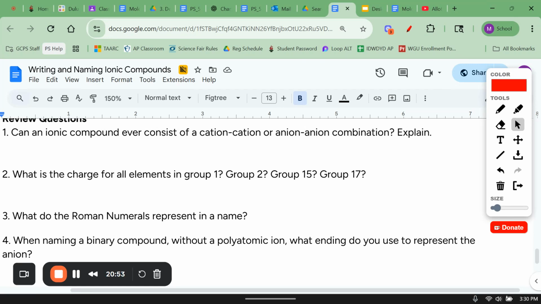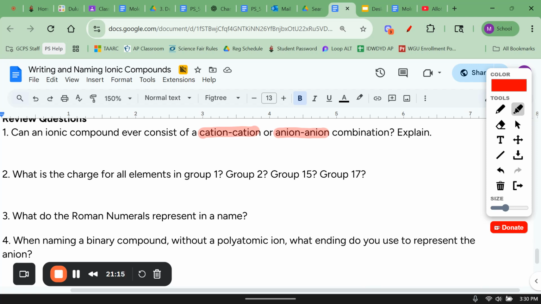So the answer is no. They cannot exist in that combination. Ionic compounds must be a cation-anion combination. If we have a cation-cation combination, that would be metallic. And if we had an anion to anion combination, that would be covalent.